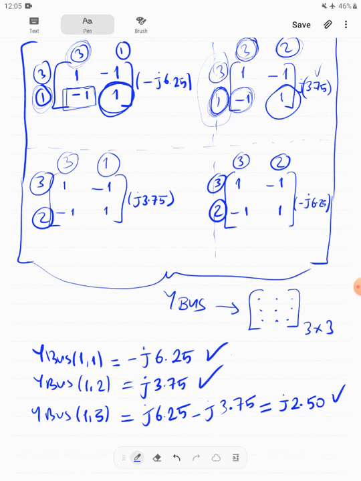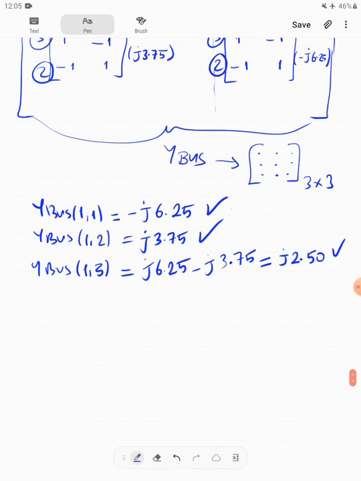So as a result, we are making a superposition, and we are adding all the entries having the same row number and the same column number. So as a result, Ybus13 is found as j2.50. You see, we completed the first row of Ybus.